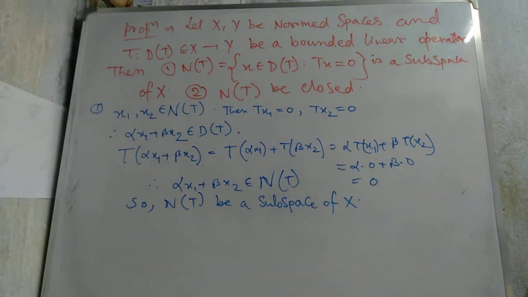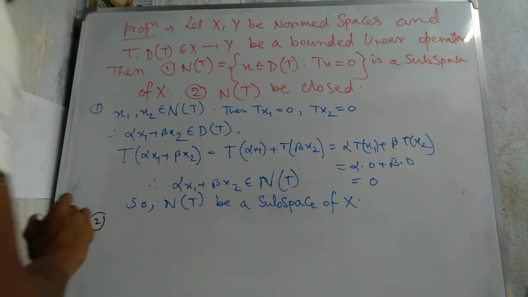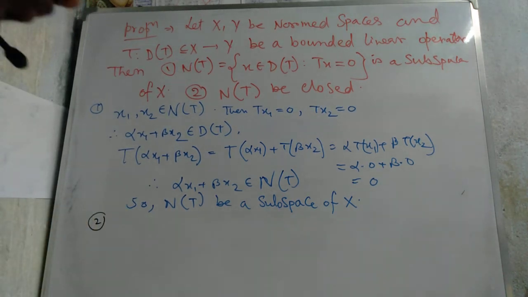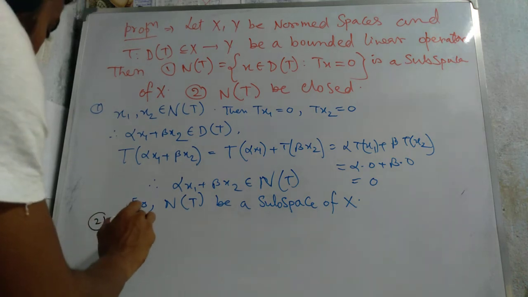Now we're going to further discussion. Second portion: N(T) closed. How is N(T) closed?